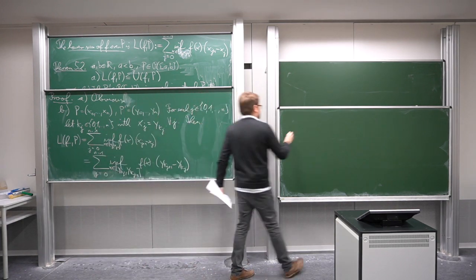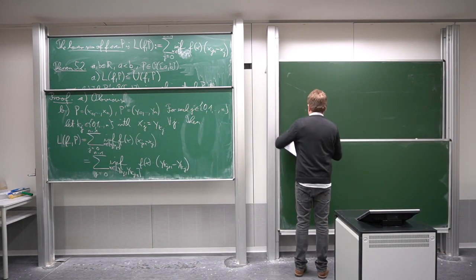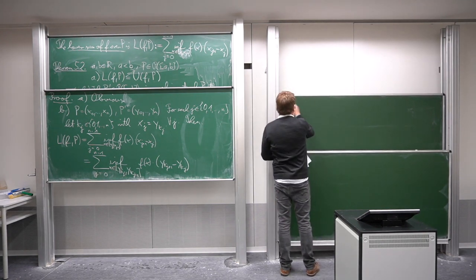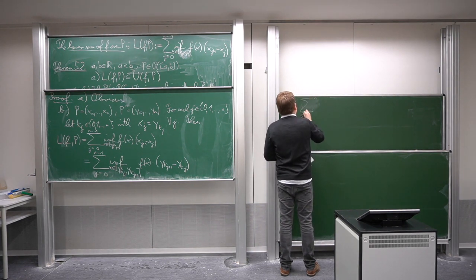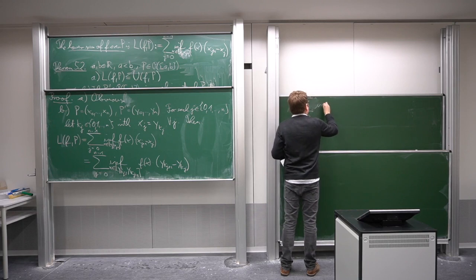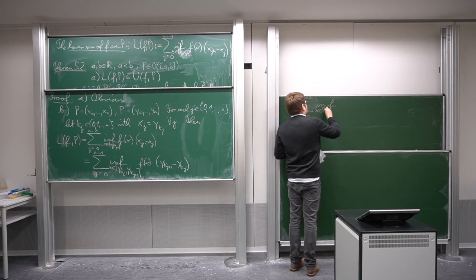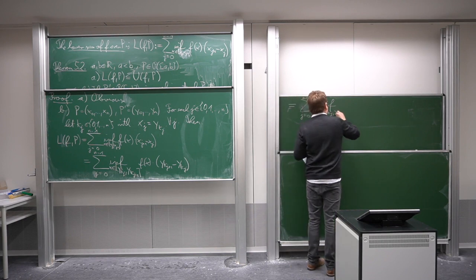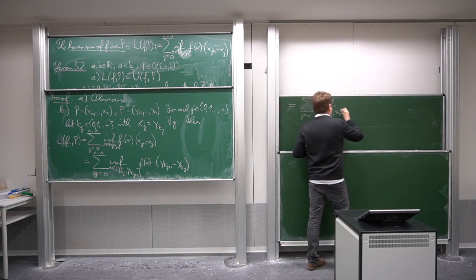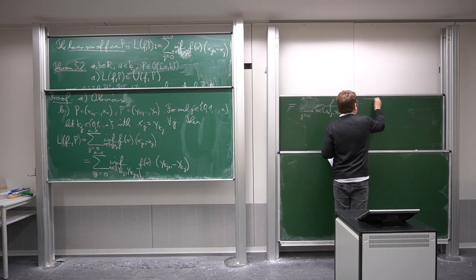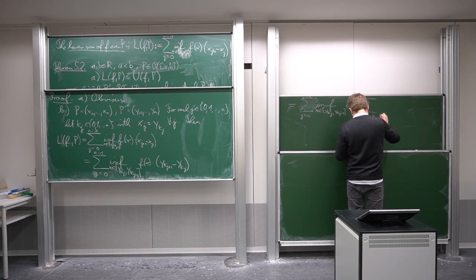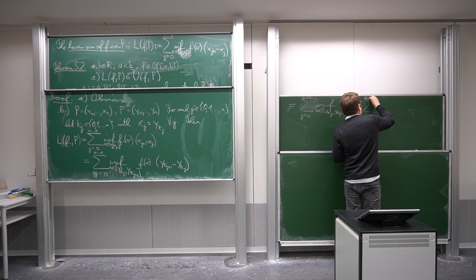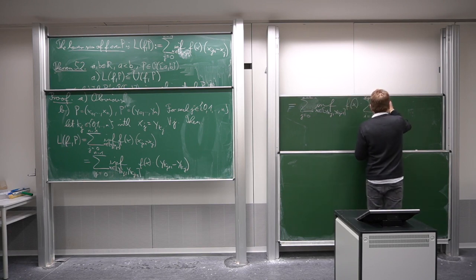So, sorry, let me start here. This is the same as the sum over j from 0 to n minus 1 of the infimum of f(x) for x between y_{k_j} and y_{k_{j+1}}, times now the sum over i going from k_j to k_{j+1} minus 1 of y_{i+1} minus y_i.